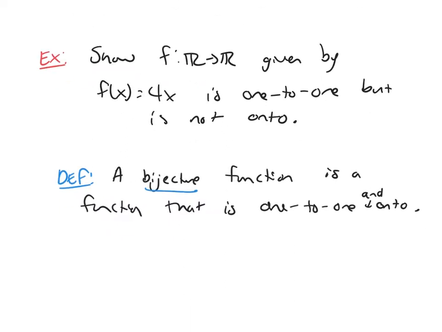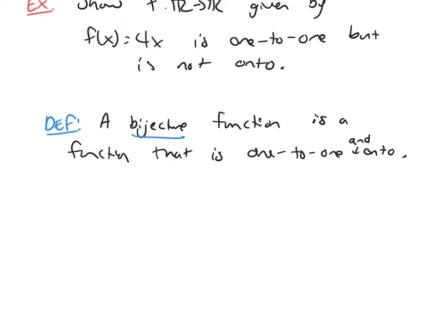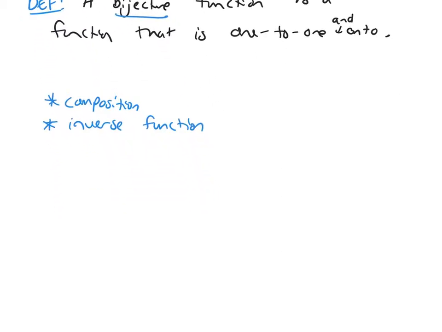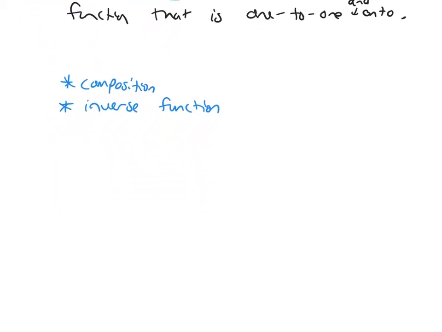And so we also talked about composition. We also talked about the inverse function. When is it a function? So you should review those topics. I want to look at one final kind of example here.